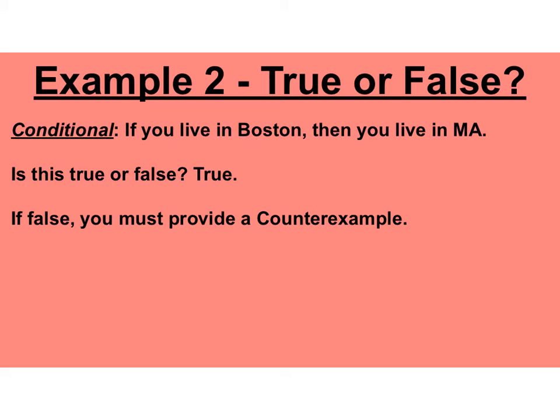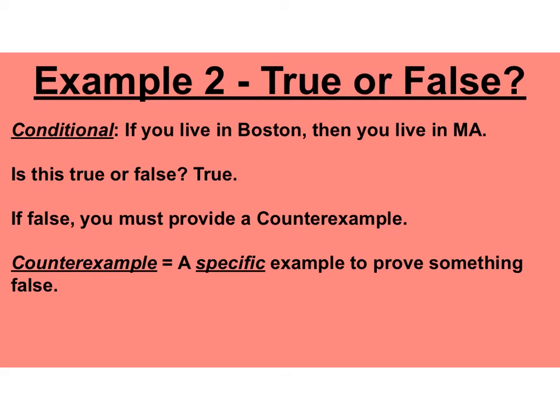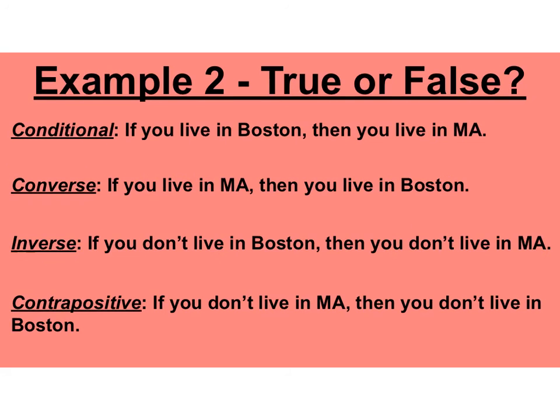Okay. If it were false, you'd have to provide a counterexample. Here's another new vocabulary word. A counterexample is a specific example that proves something wrong. You can't just say, well, then you live somewhere else. You have to tell me another state or another city. So a specific example that proves it wrong. Here are all the other ones.